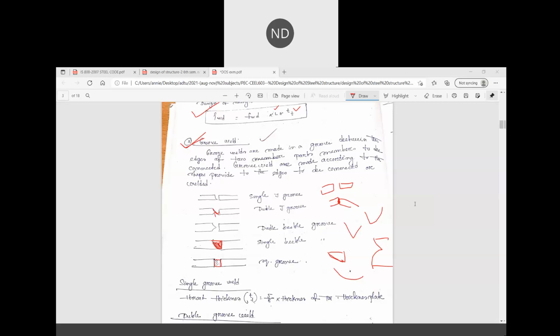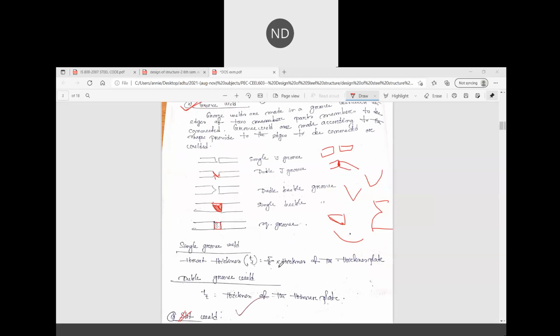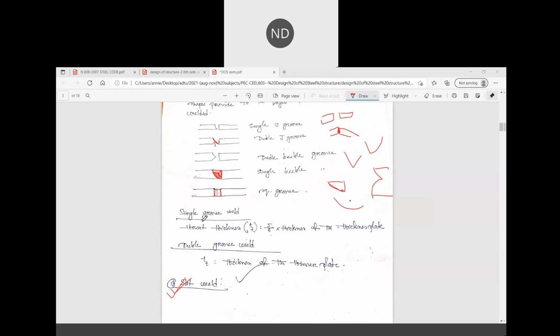Make this assignment. Okay, so next, for single groove weld, you'll have the throat. How you can find out the strength of these groove welds? Same thing. Throat thickness you have to find out. But here in this case it is not always single. Sometimes it is single.